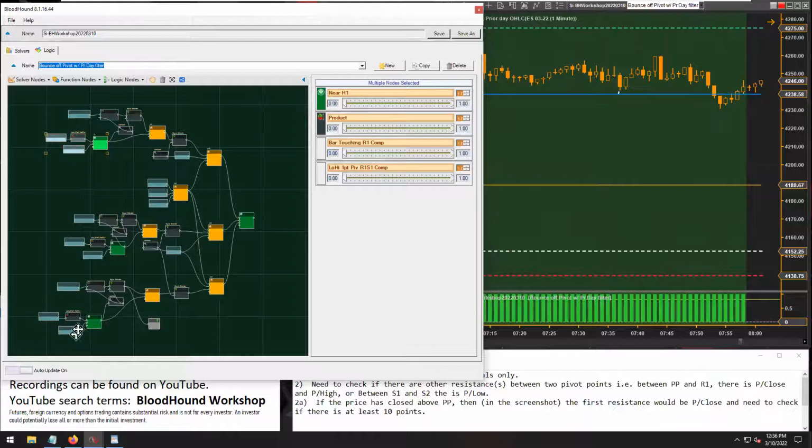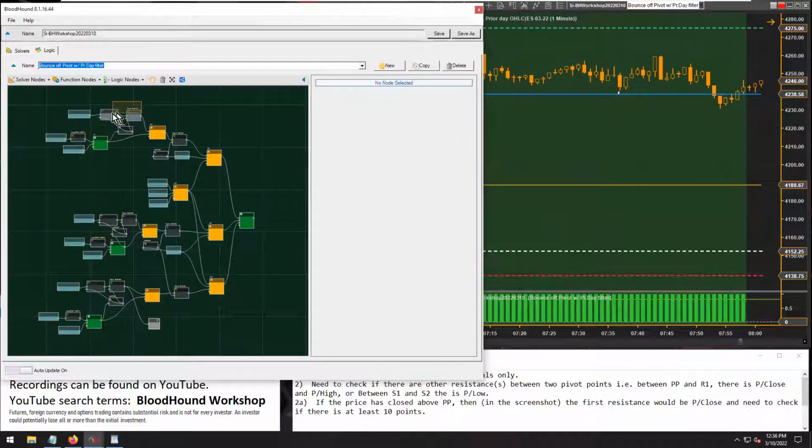Take the resets for S1 and bring them up and feed them in up here to reset our function nodes.